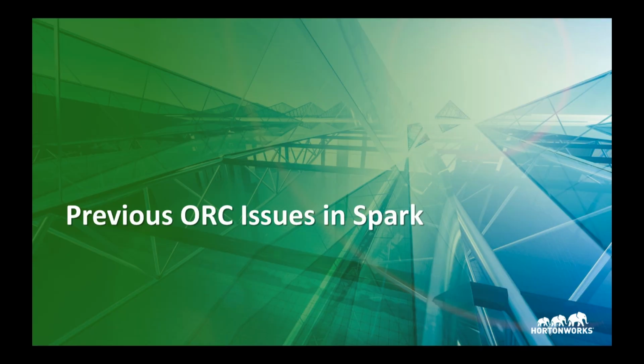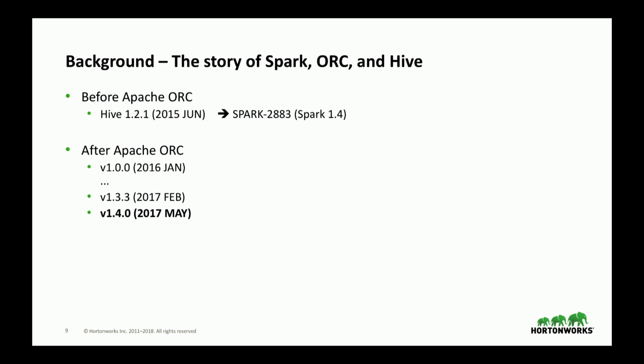There are many ORC issues, and we were surprised that we needed to solve everything. But before going through the issues one by one, we need to understand the history of ORC and Spark. Spark 1.4 added the Apache ORC dependency. ORC is a columnar format, so it was also very suitable at that time.